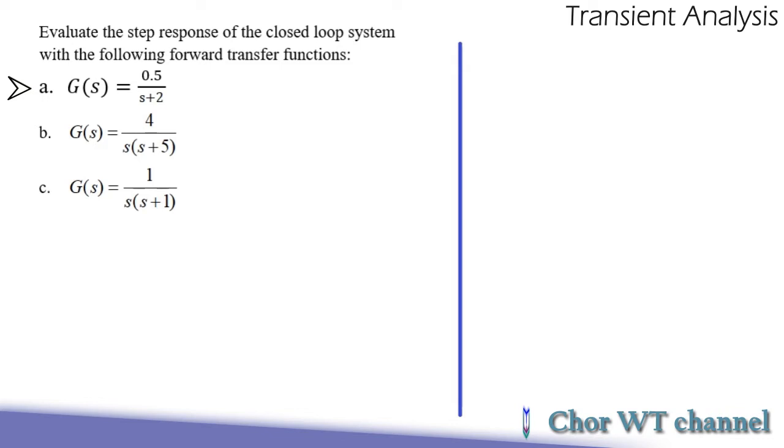So for first order systems, we are going to cast the transfer function into a standard format of k over tau s plus 1.